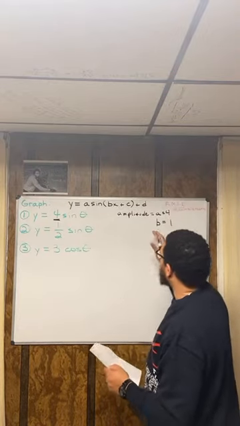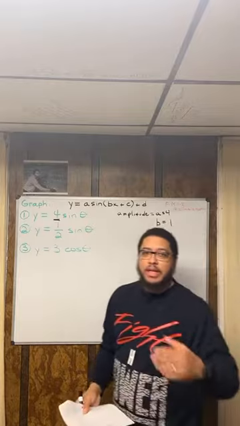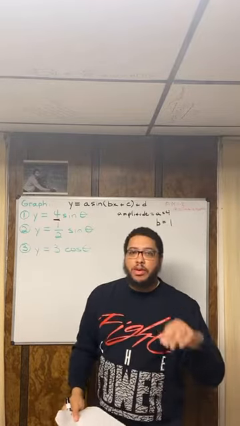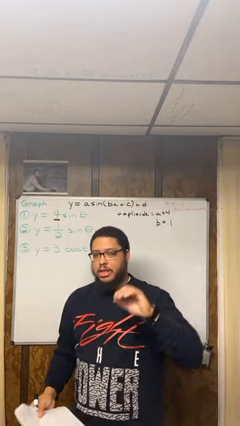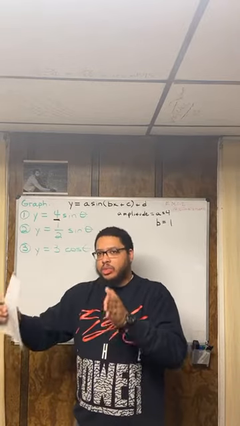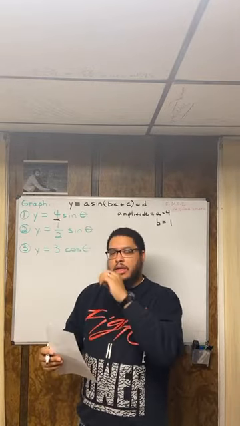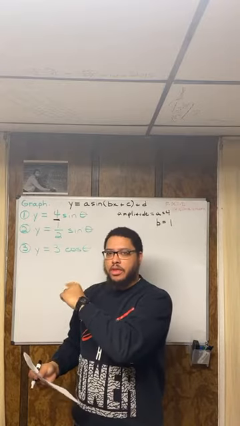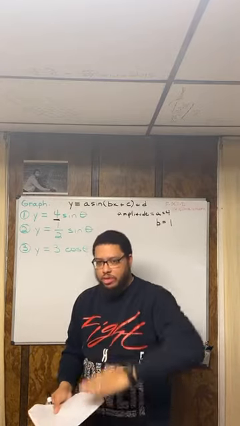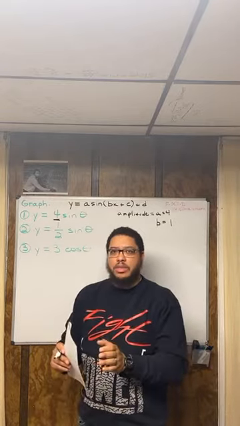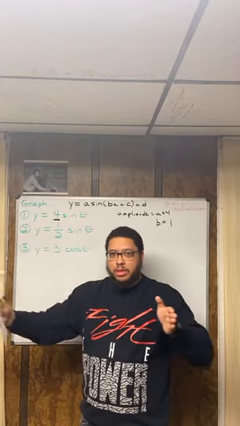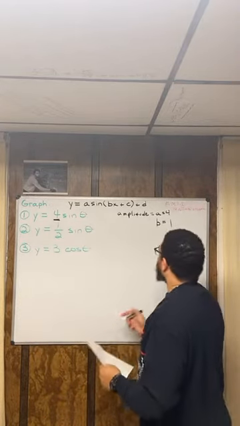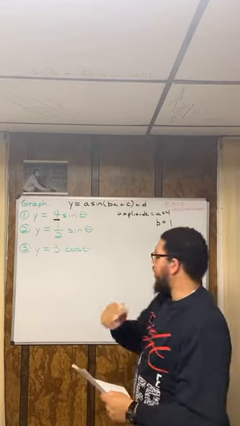Now, what is B used for? B is used to find something that we call the period of the trig function, all right? The period is like how wide is one cycle, all right? So we got numbers inside of the function to tell us how high the function goes, and we got numbers inside of the function to tell us how wide it'll be, all right? So this is the formula to find the period.